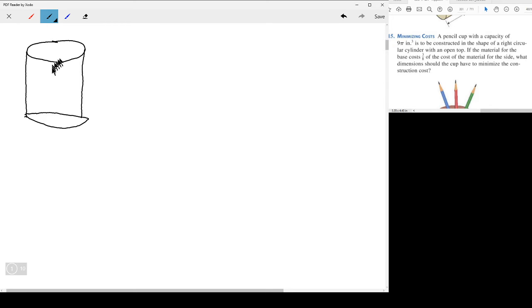All right, so what I said in class was you have to think about how you're going to deal with the materials here. The bottom material is a circle, and that circle is going to have a radius.